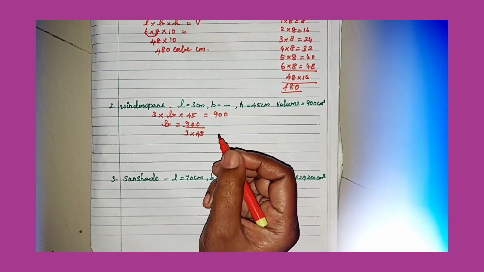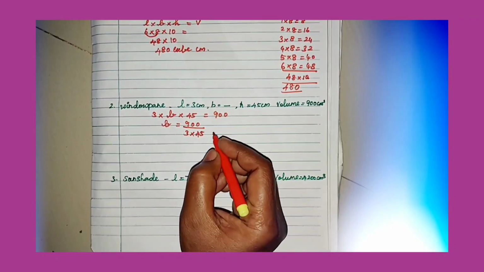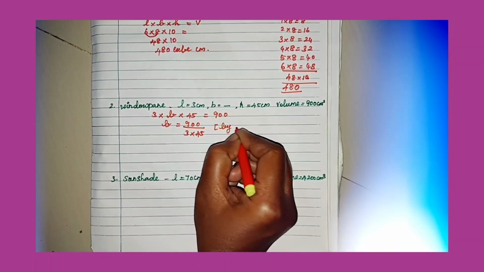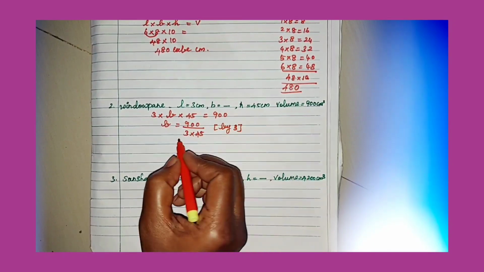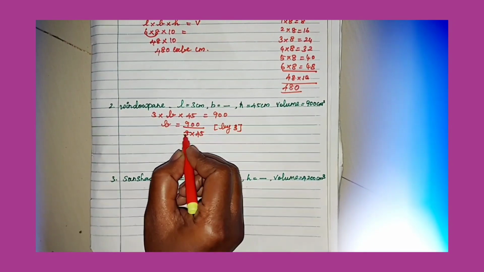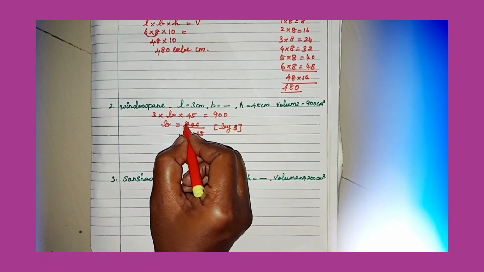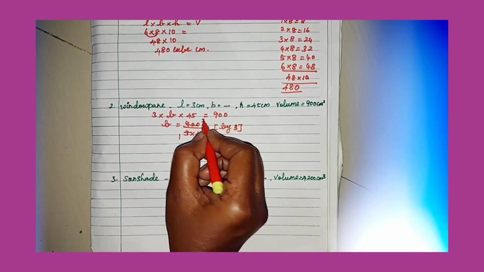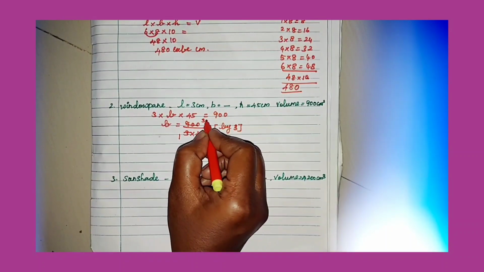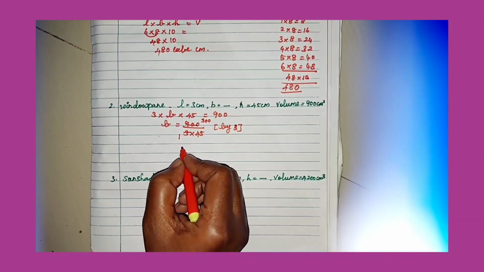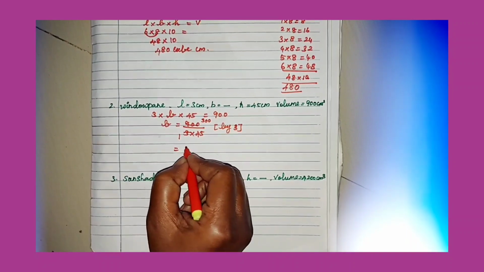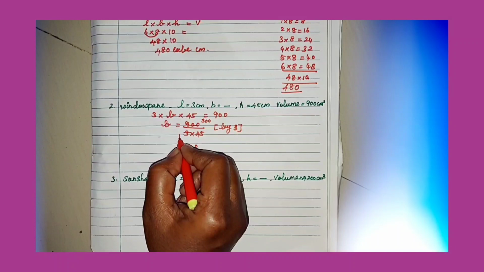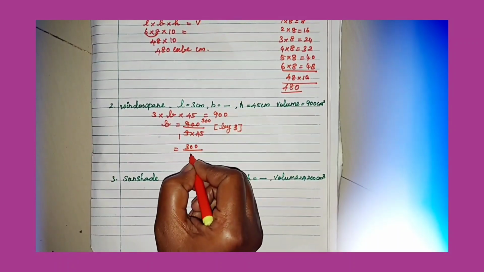Now cancel the values. First we take the 3 table. 3 table: 1 3 is 3, 3 3s are 9, so 3 times. 3 3s are 9, with the 2 zeros we get 300. 300 divided by 3 is 1, and remaining on this side is 45.